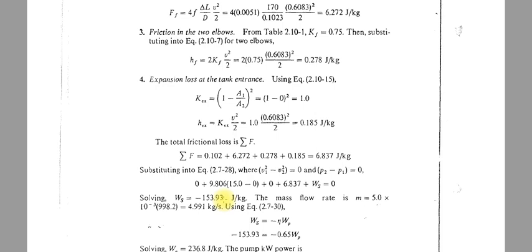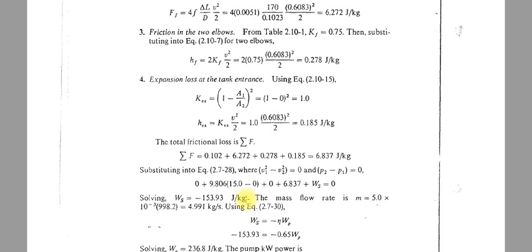Okay, now the flow rate of fluid is given, and you can calculate the mass flow rate, which will come 4.991 kg per second. So now you have to calculate the power requirement. The unit of this is joules per kg, and the unit of power is joules per second or watt.